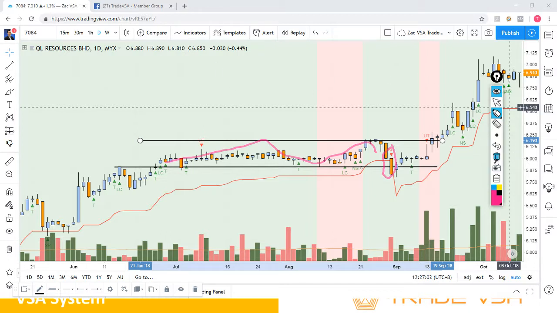Usually what I do is that after a sell off, assuming I haven't gone into this trade yet, QR Resources, I like to see some type of wash like this during accumulation or reaccumulation level.